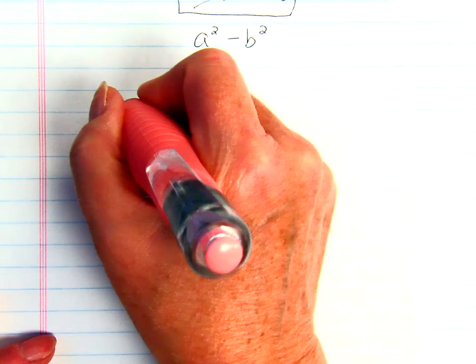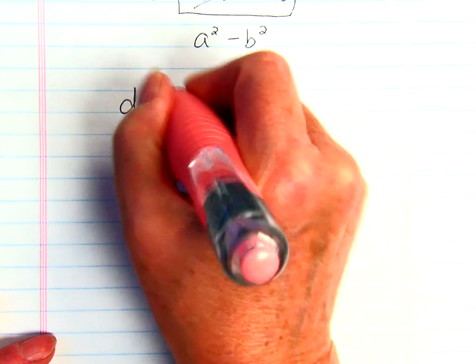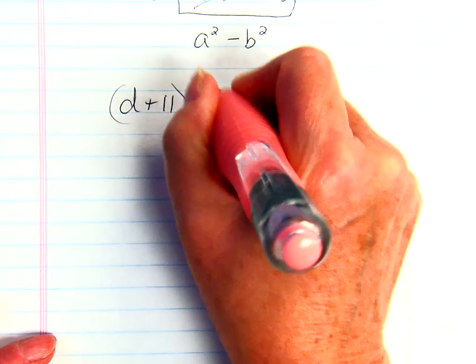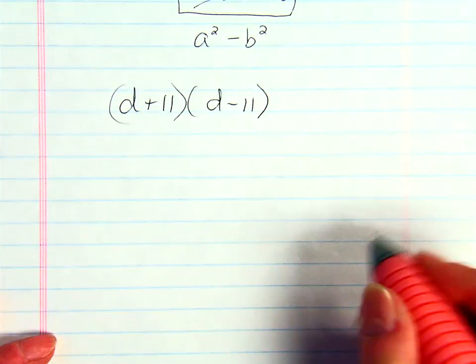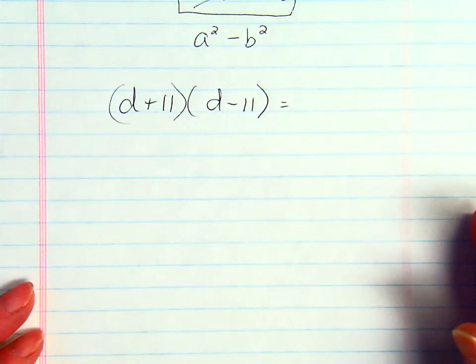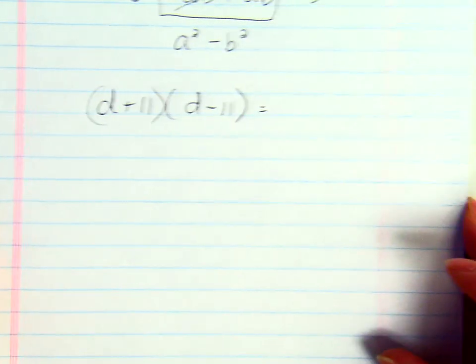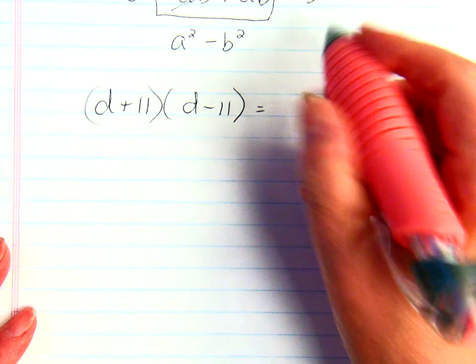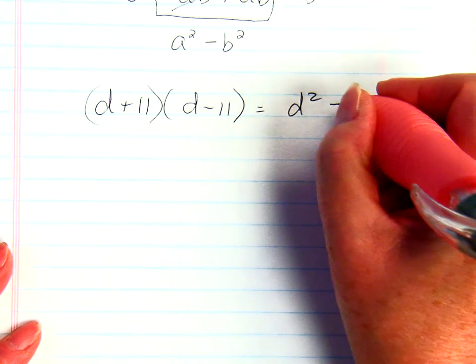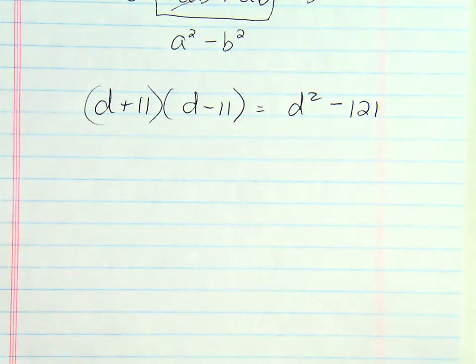We've got d plus 11 times d minus 11, okay? And if you understand what we are doing, you're going to realize that it's d squared minus 121, and we're done, okay?